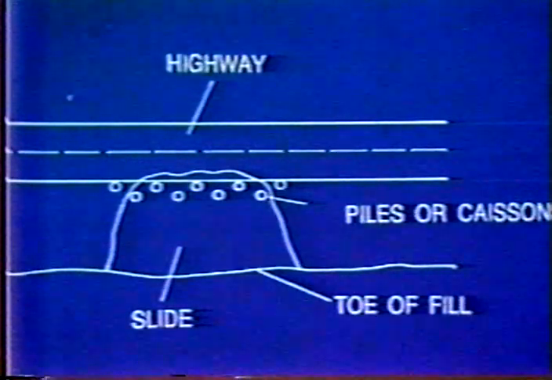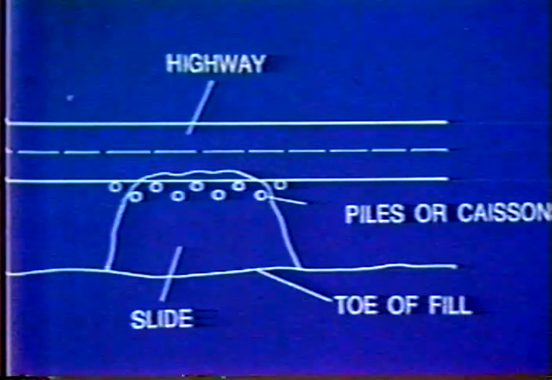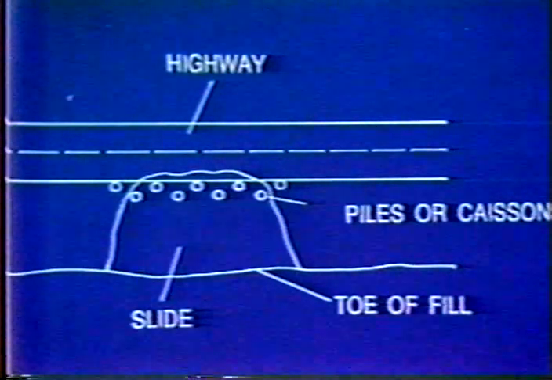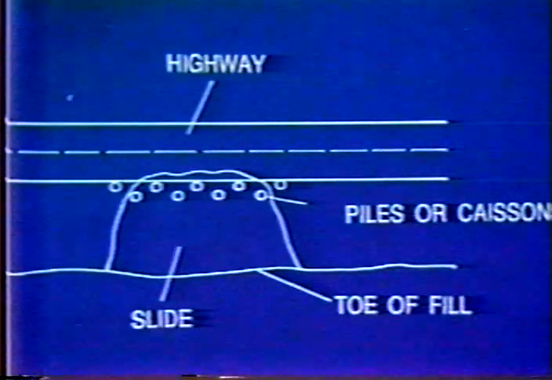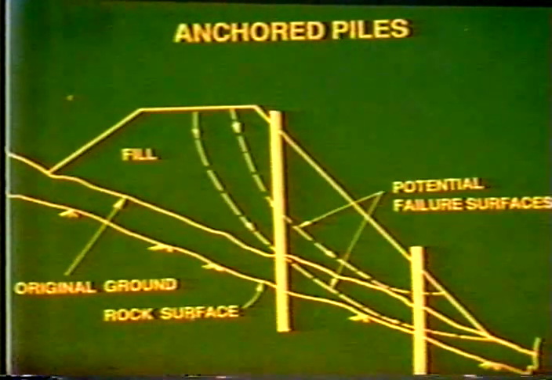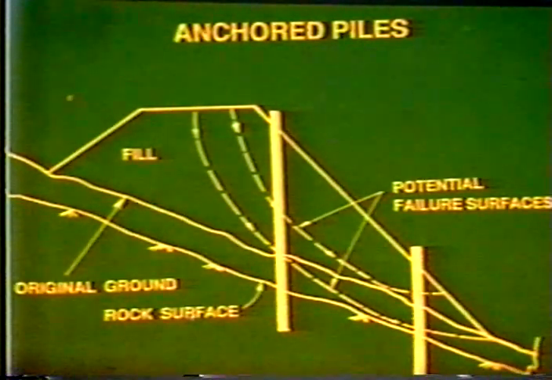This has been used in certain areas of the country, and it can be effective sometimes, but here again, you have to be cautious in using piles to try to correct a landslide. Installation might involve putting a row of piles at the top of the slope and one near the toe.